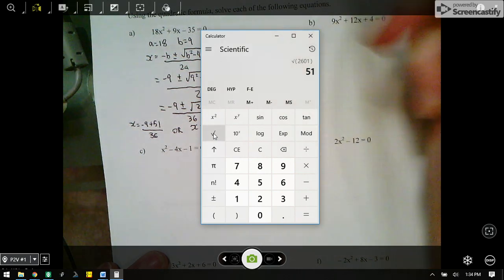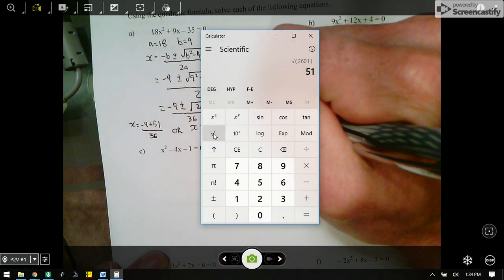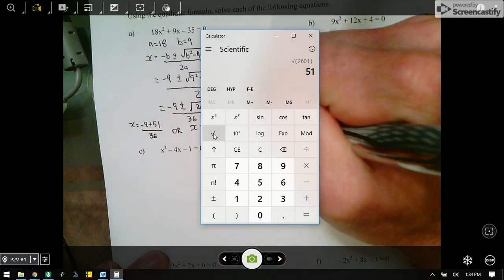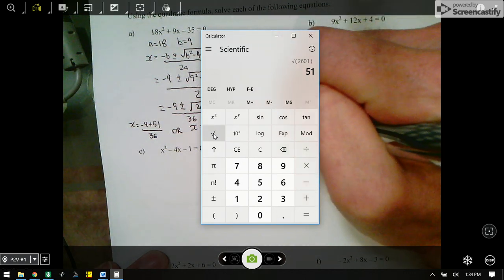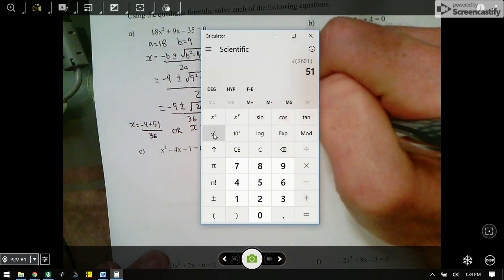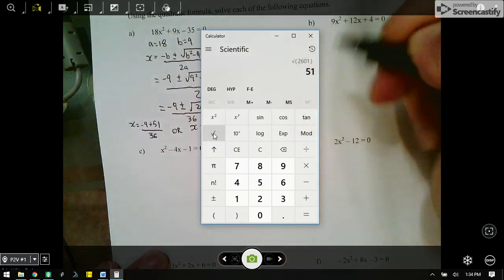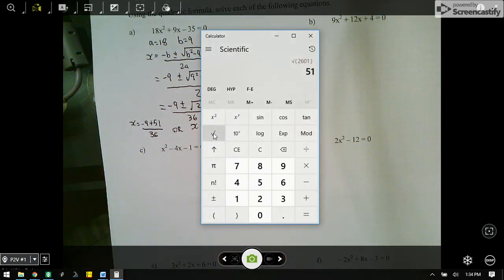And we just try and reduce this as much as possible. So it's negative 30 over 18, which is negative 15 over 9, which is negative 5 over 3.